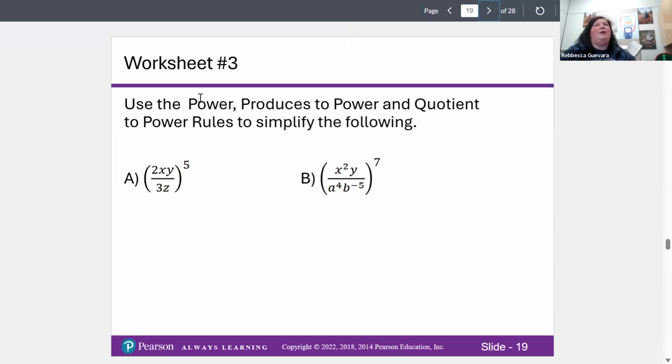We want to use power product rules, quotient rule, all of our rules that we have here, and simplify the following. So try to simplify this down to, if you can, simplify your fraction whole component, like the 2/3 or anything like that, if you can. And then you want to have each one of your variables, your x, y, z, a, and b, you just want to have one of them available.